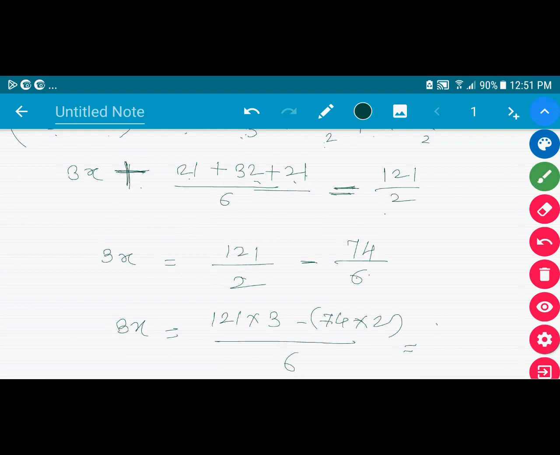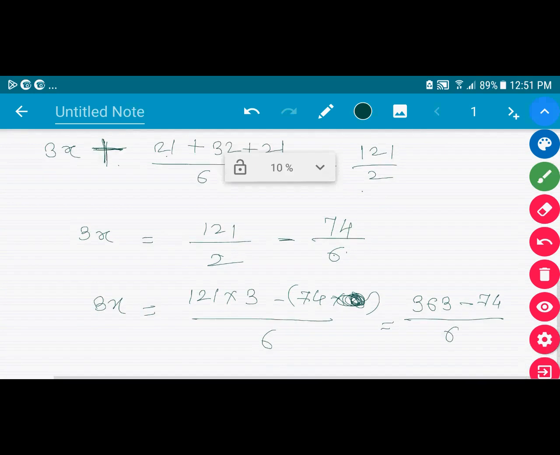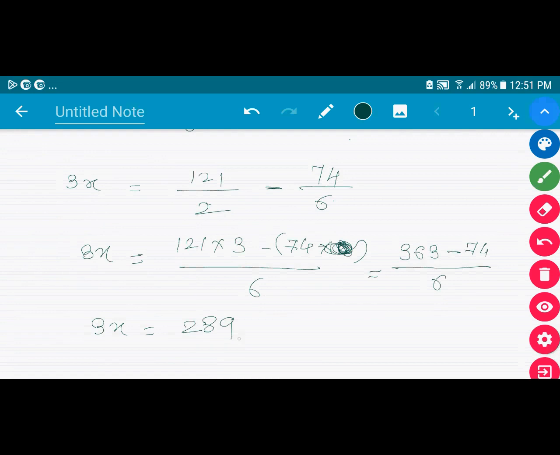So 3x is equal to 363 minus 74. 74 should not be multiplied by 2 because its denominator is already 6. So 3x is equal to 289 upon 6.